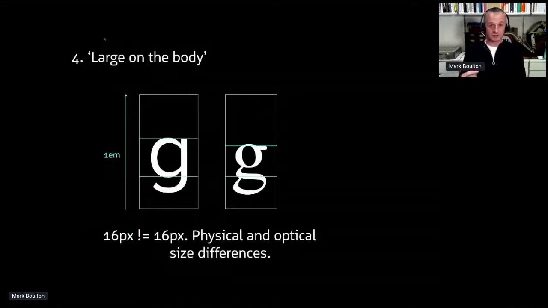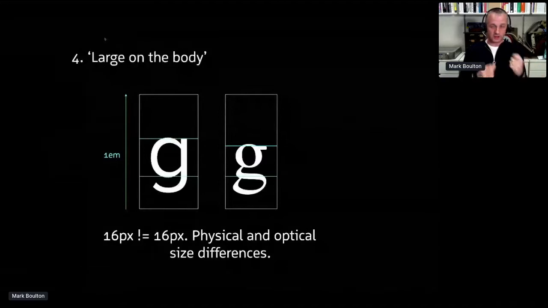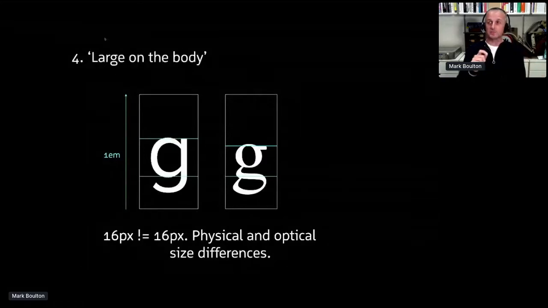As a result, 16 pixels set in Times New Roman will appear optically smaller than Proxima Nova. Now, this has real challenges for us if we're using relative M-based units for other things like our margins and paddings, and I hope we are, because our margins and paddings should be related.